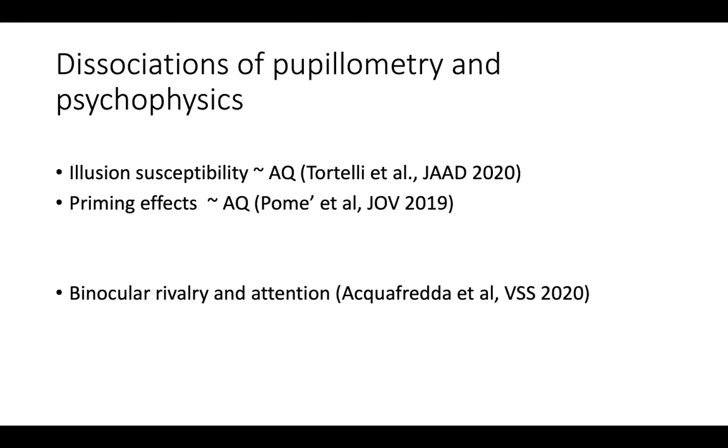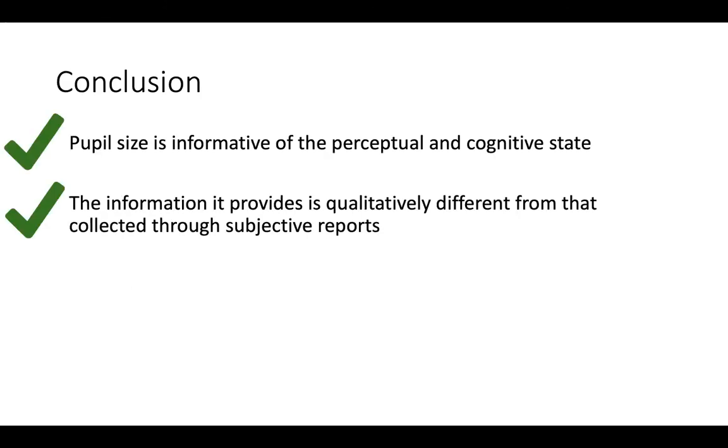But to conclude, I think I've shown a few examples of pupillometry studies where we took a continuous pupil recording approach and we tried to extract components of the variance related to the perceptual or cognitive tasks under study. Our analyses are not very sophisticated, and yet we were able to get a lot out of the pupil size.